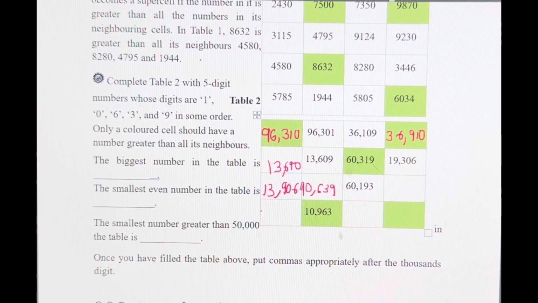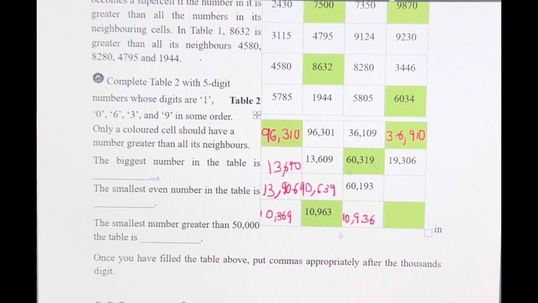Then here we take 10,369. Then here we take 10,936, suppose, because it will be smaller than 963. Okay, so this becomes a supercell.